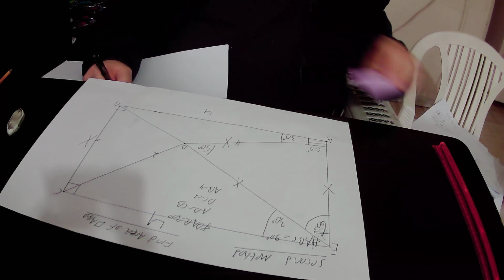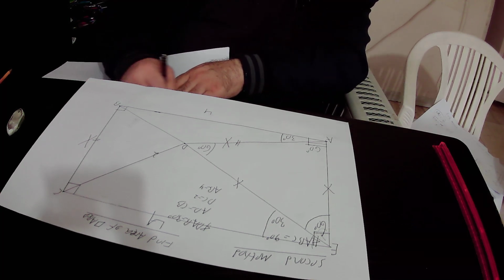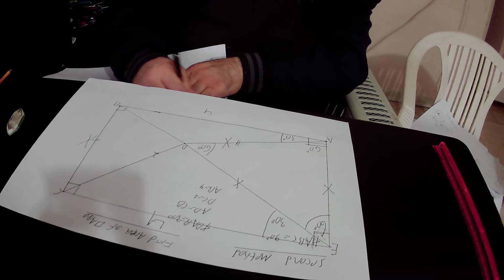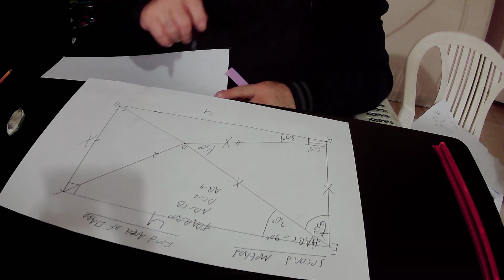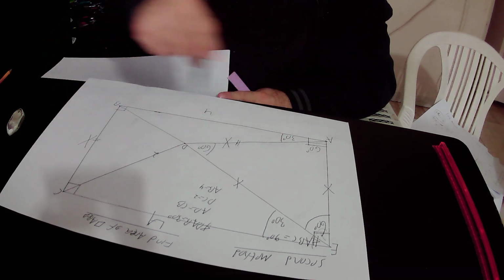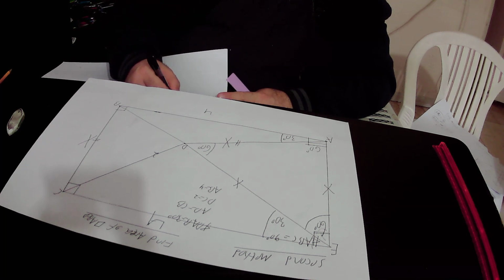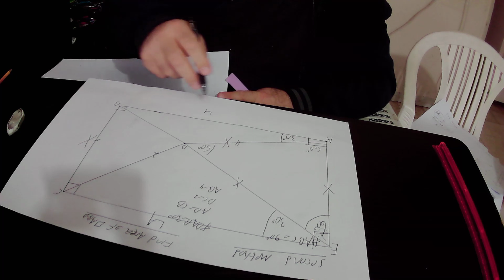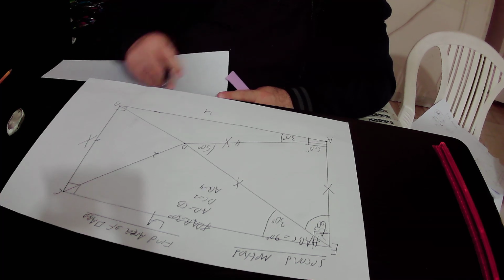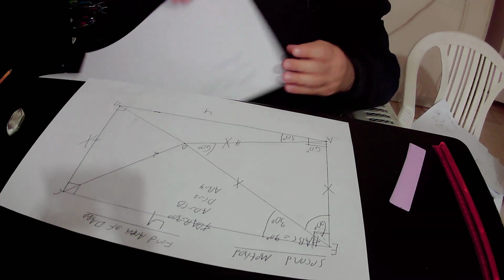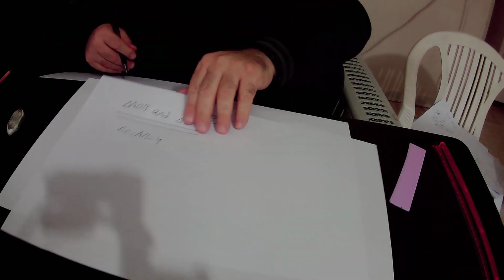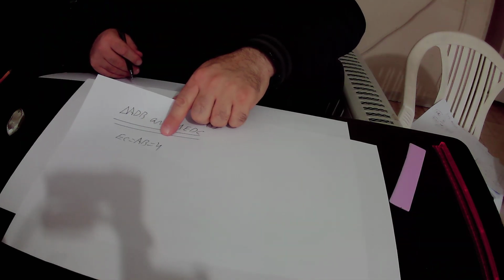Why can those two triangles go into each other? First of all, we know that EC equals AB, and both those two sides are equal to 4 units. So here EC equals AB equals 4 units.